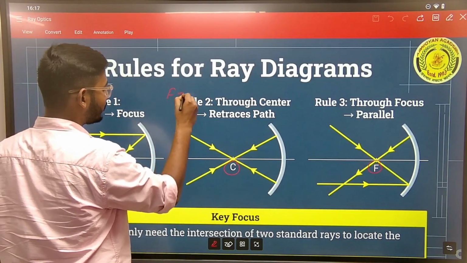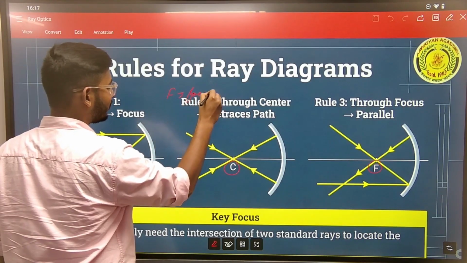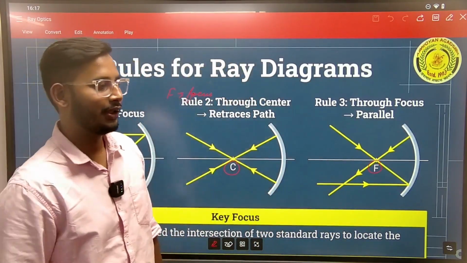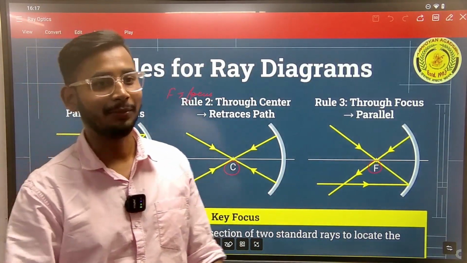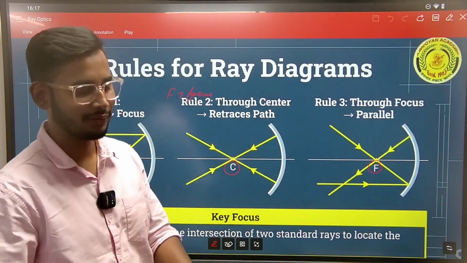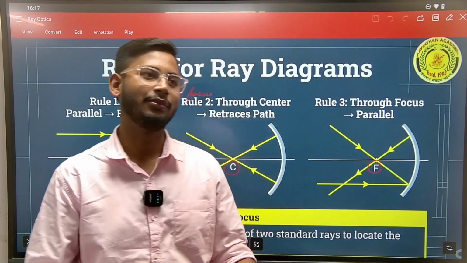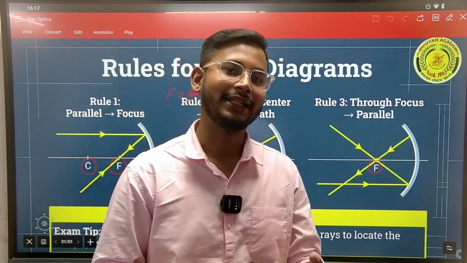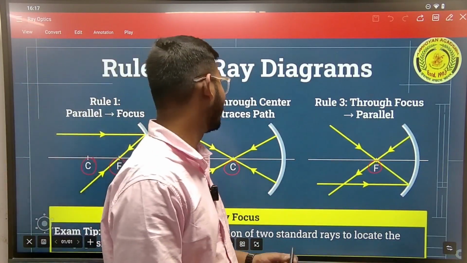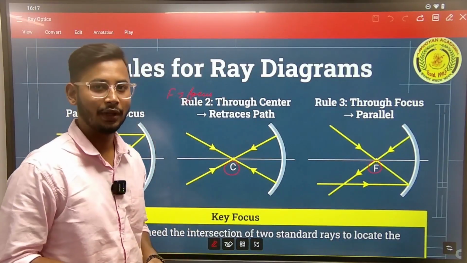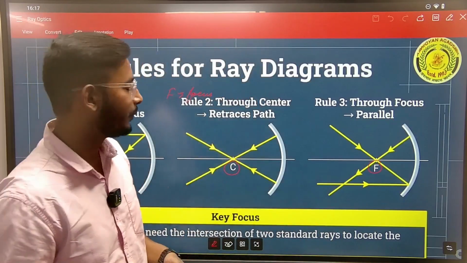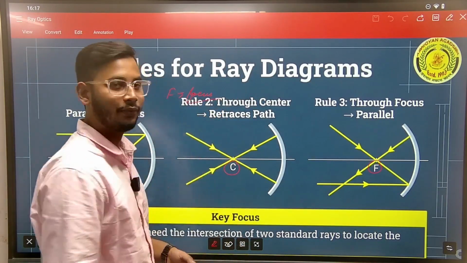Focus is where light gets converged, or where light appears to be diverging from a point. The lights which are diverging from a point, that point is called the focus. Where the lights are getting converged or appear to be diverging, those points are called focus.